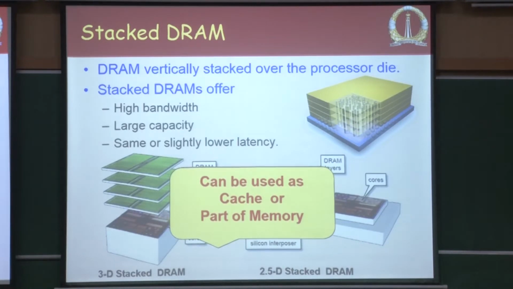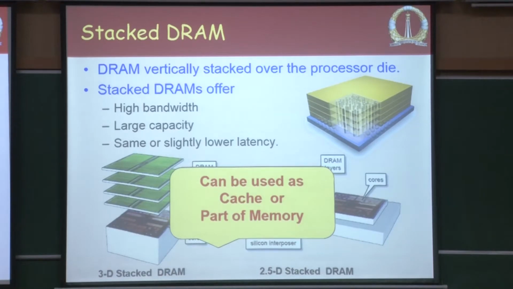When I say as a part of the memory, what is going to happen? In the earlier diagram, my off chip memory will contain some part of the address space, and my on chip memory, which is the stacked DRAM, could contain some other parts of my address space. The page translation mechanism that the operating system controls can decide which page has to be on chip and which page has to be off chip. It can allocate accordingly.